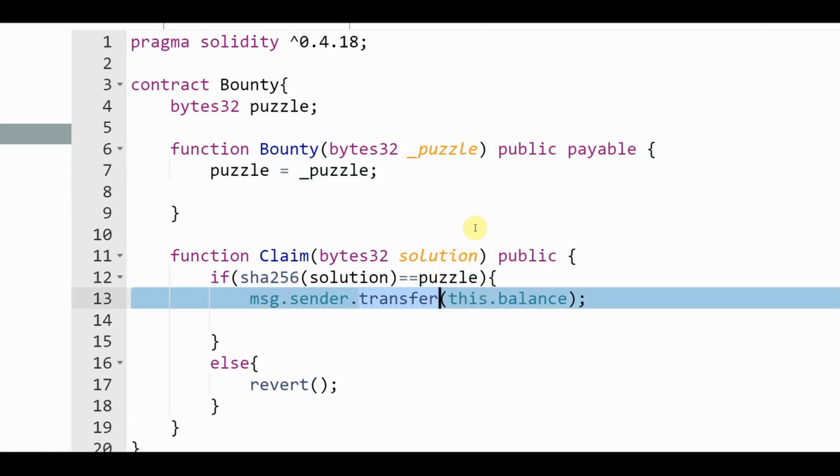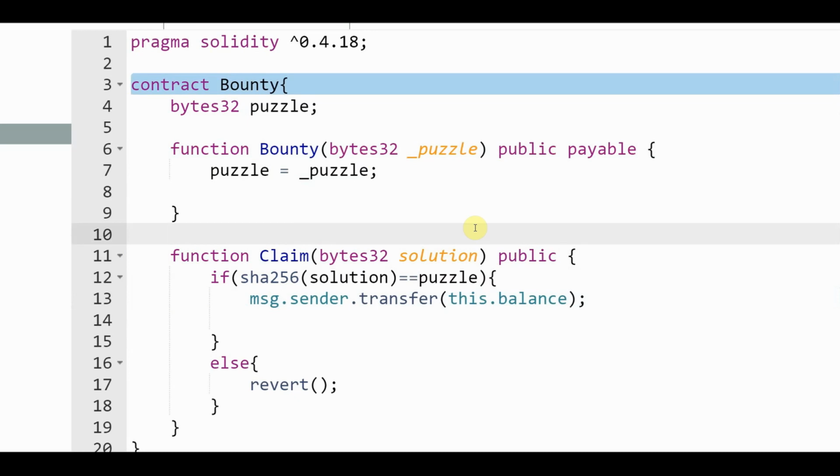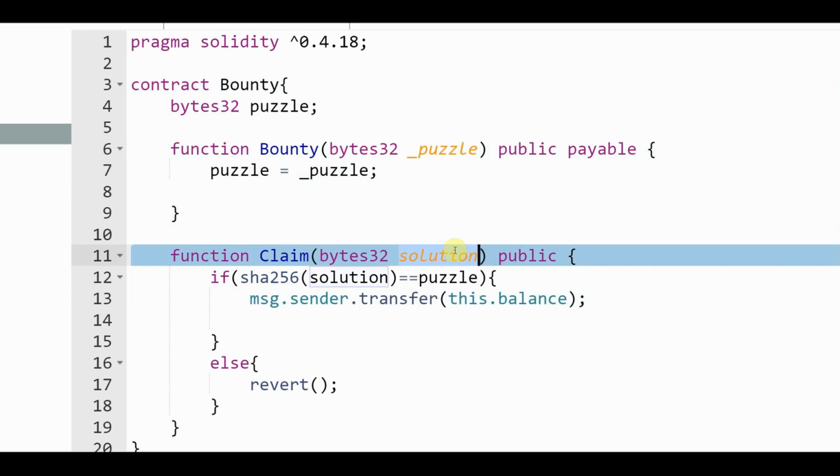So let's think, for example, that someone has found the solution for the puzzle. He sends the solution and he's waiting for his prize to be claimed. But then a malicious user can see the transaction, since everything is transparent on the blockchain, and he will send the same transaction as well, but with higher gas fees.